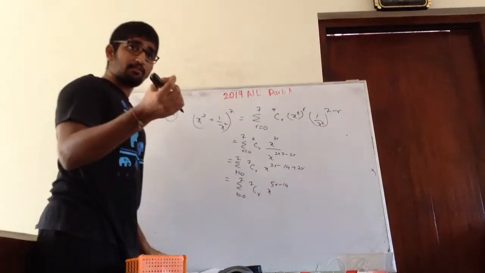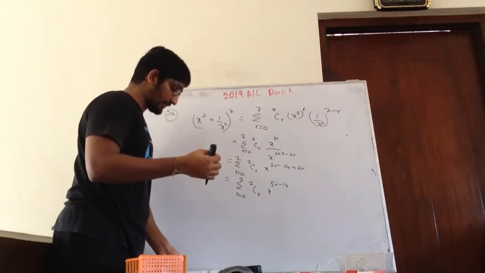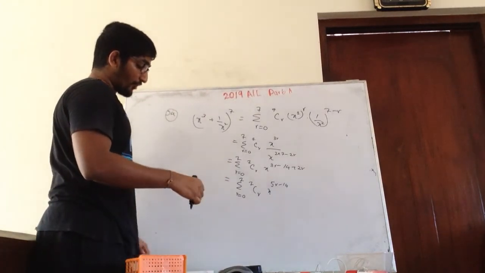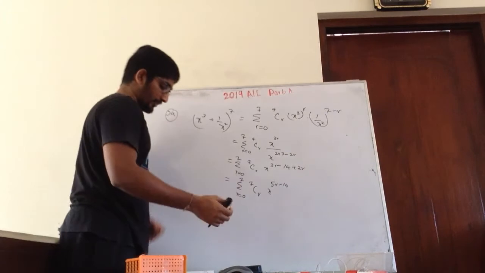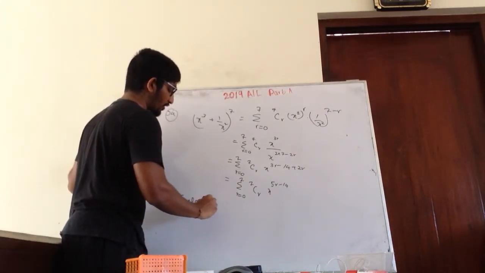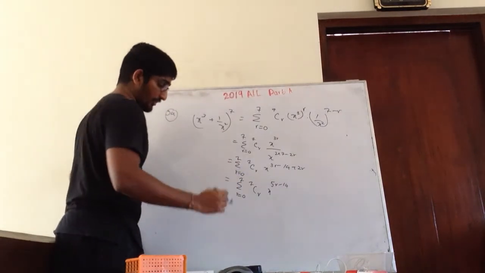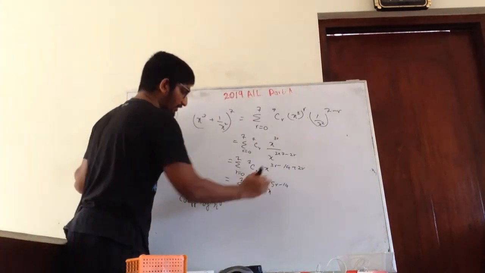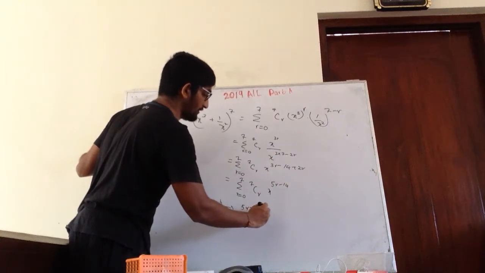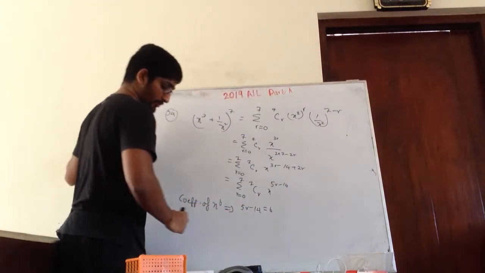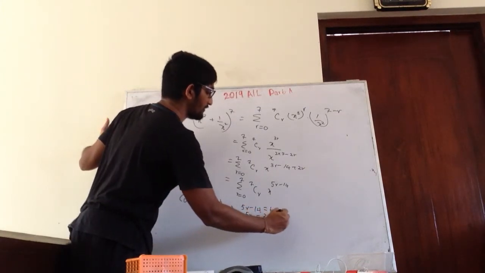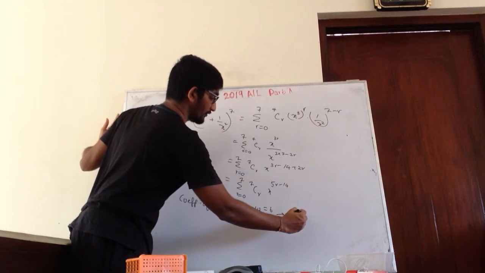Right. Now what are they asking? They are asking the coefficient of x to the power 6. So now here this exponent will be 6. That means 5r minus 14 will be 6. So you will get 5r as 20. That means r is 4.